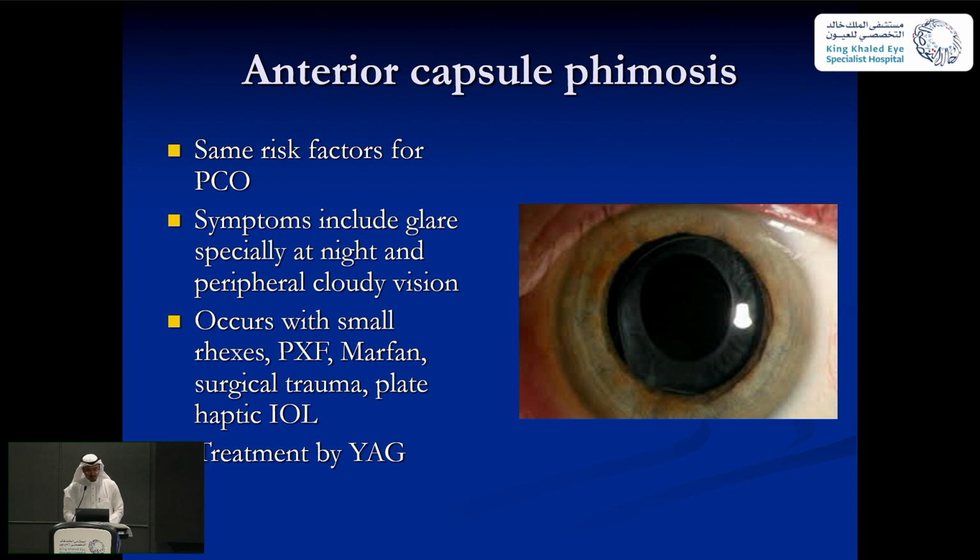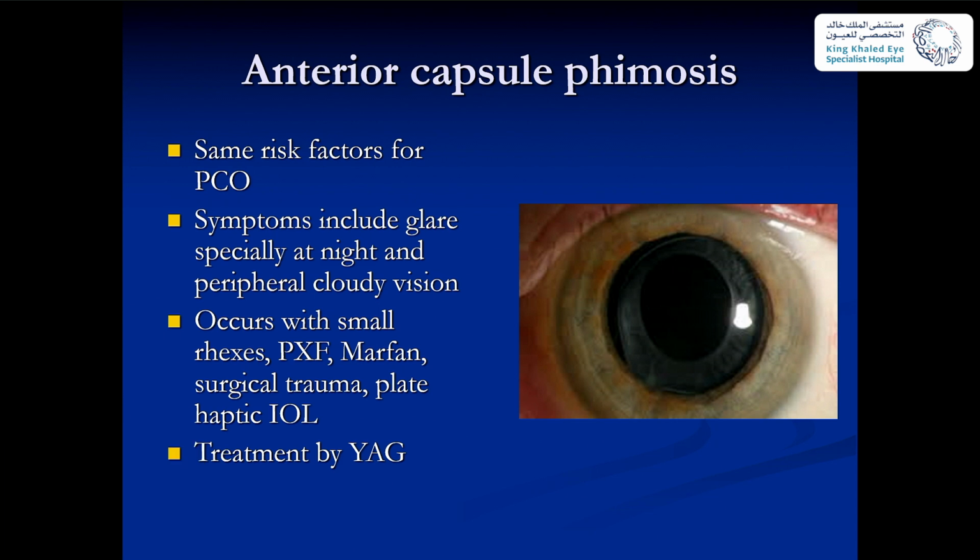The symptoms include glare, especially at night when the pupil dilates beyond the rhexis and there is some opacity in the periphery. The patient will complain of cloudy vision. If we did a small rhexis, for example, it can contract and give rise to this complication.